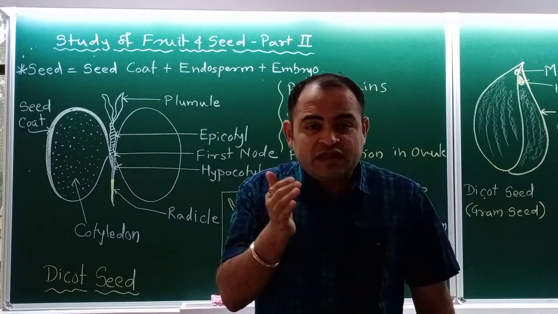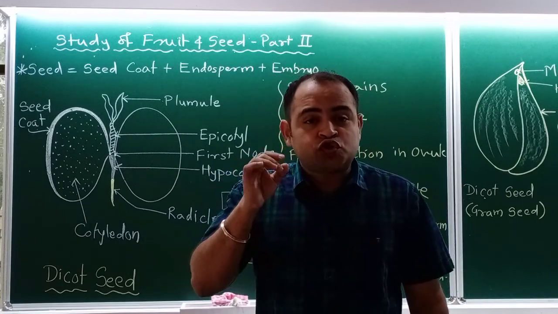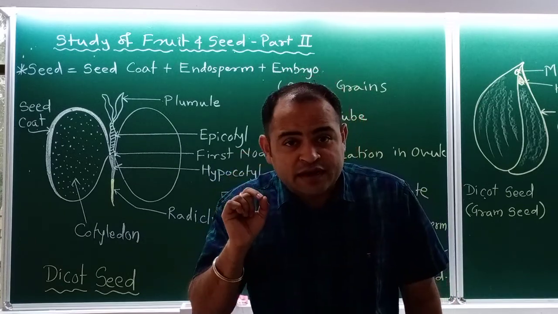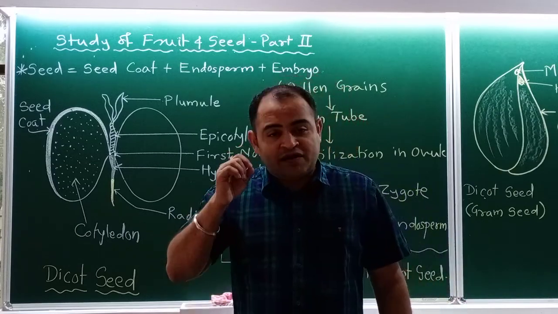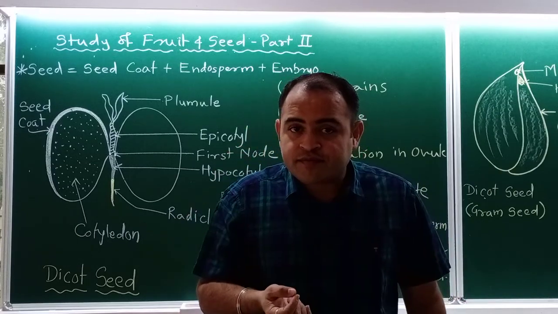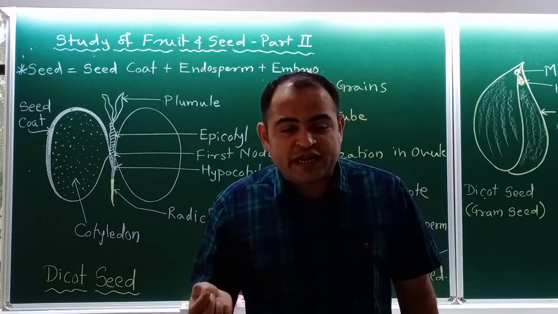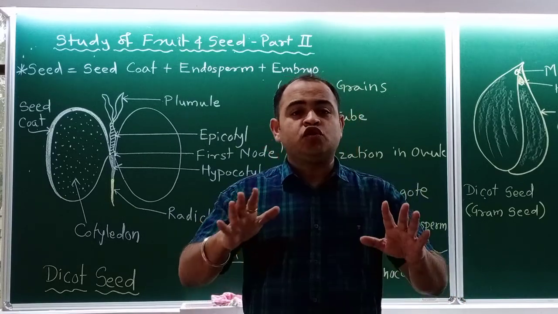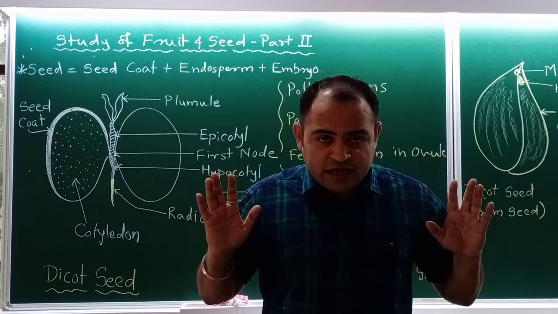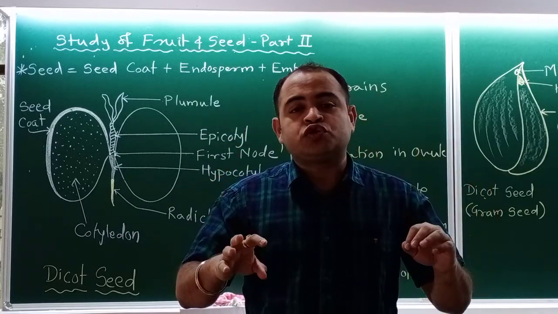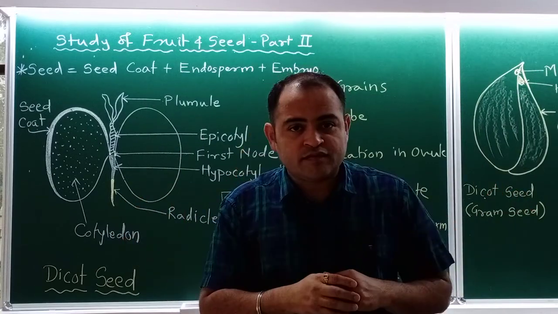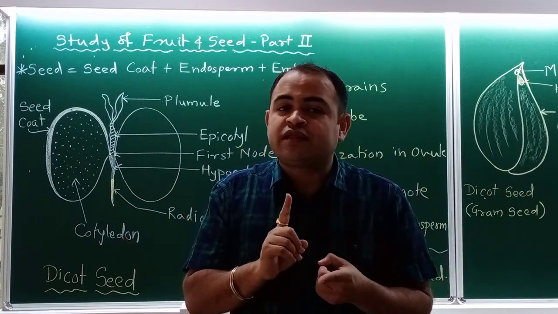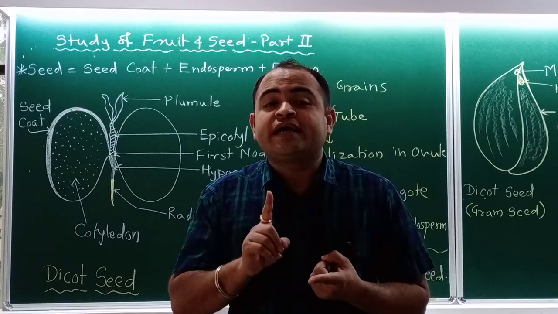Within that period, if you sow the seed in appropriate, favorable growing conditions, then definitely it will germinate. Then a new plant is growing, and eventually it is going to develop into a huge tree from the smallest seed. This happens in the plant kingdom.